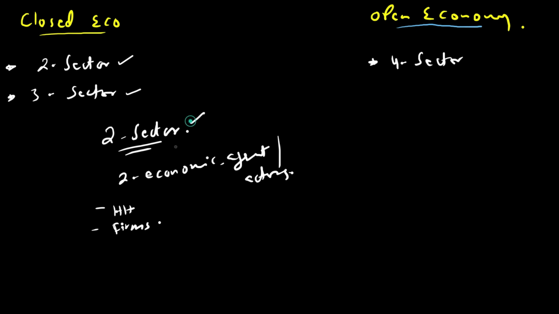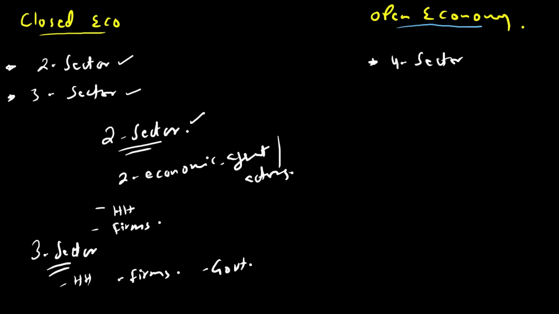And then there is 3 sector economy. 3 sector economy is also a closed economy but with government, right? So it means in 3 sector economy there are 3 economic agents. One is households, number 2 is firms, and number 3 is the government. So these are 3 economic agents involved in 3 sector economy.